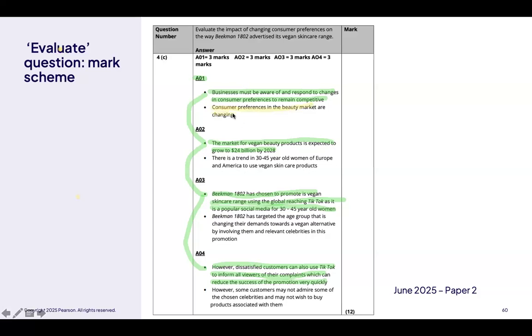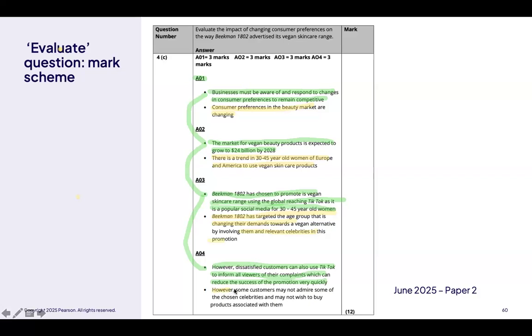So this bullet point here relates to this bullet point. Consumer preferences in the beauty market are changing. There is a trend in 30 to 45-year-old women of Europe and America to use vegan skincare products. Beekman has targeted this age group that is changing its demands towards it by involving them and relevant celebrities in its promotion.